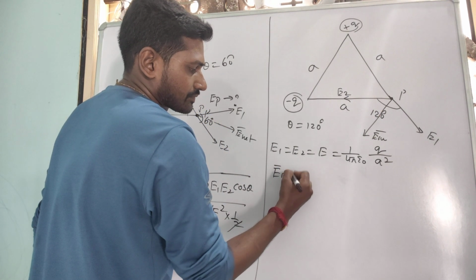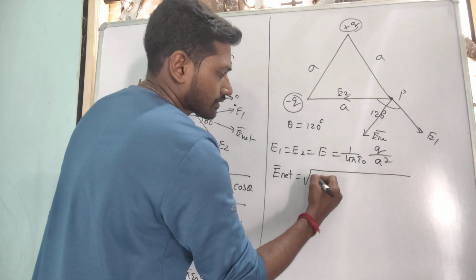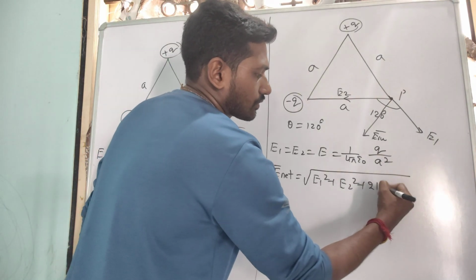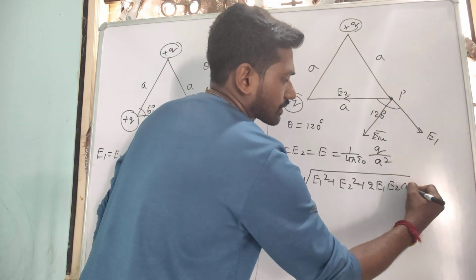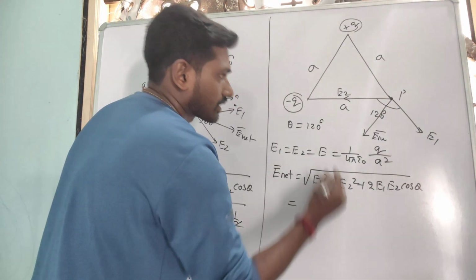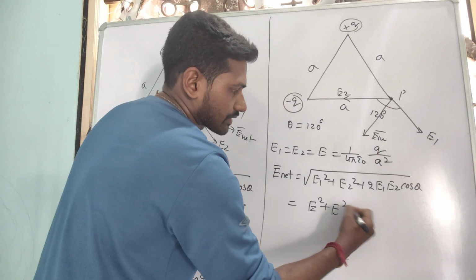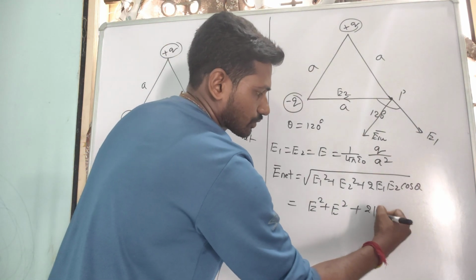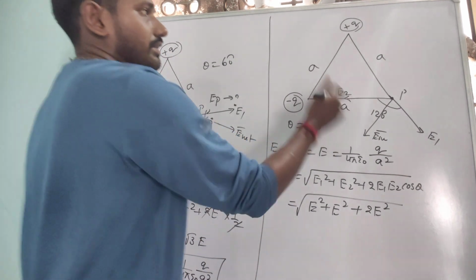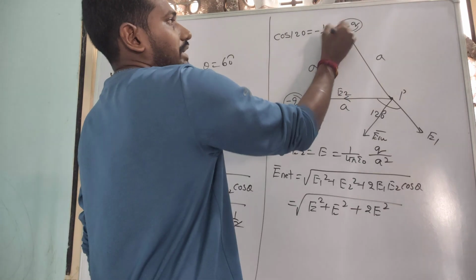E bar net is equal to square root of E1 square plus E2 square plus 2E1 E2 cos theta. E1 square means E square, because both charges experience the same electric field. E square, and E2 also E square, plus 2E into E, 2E square, cos theta. Cos theta is cos 120. Cos 120 is equal to minus 1 by 2.